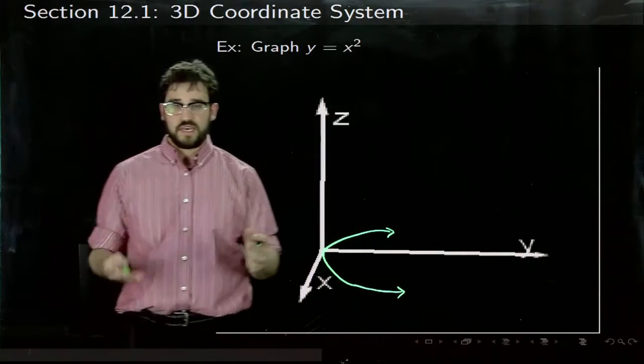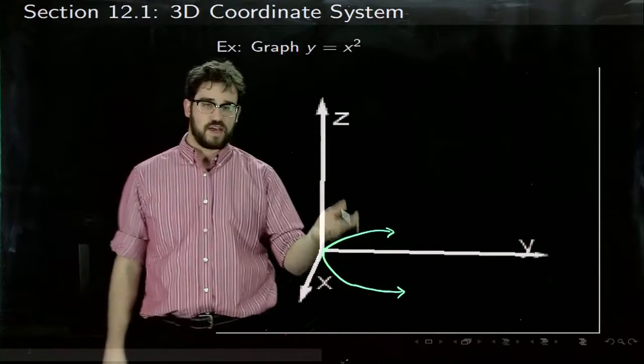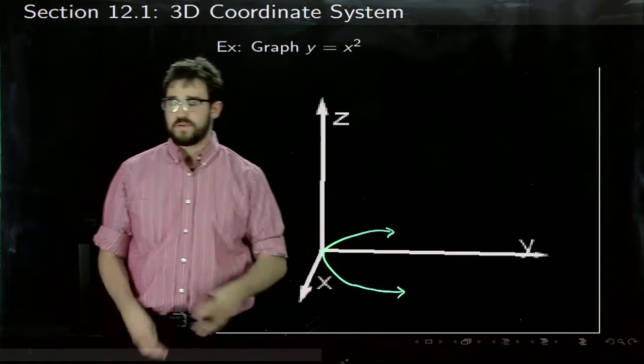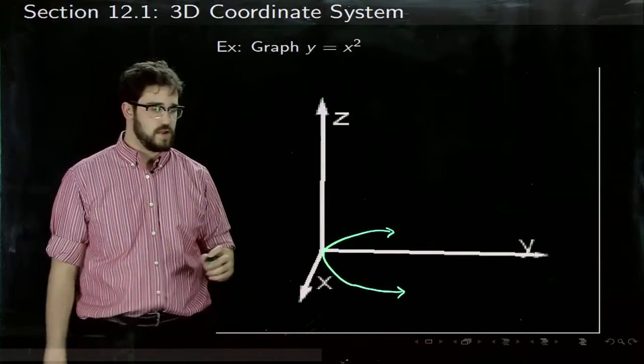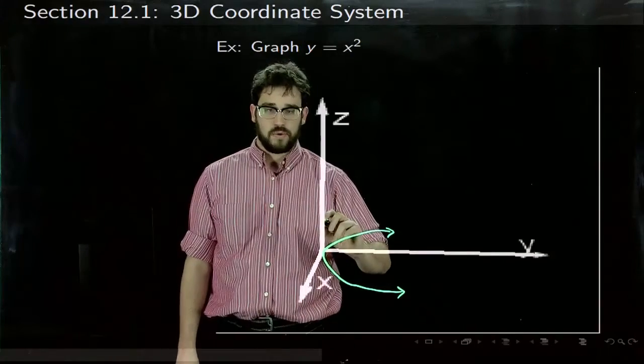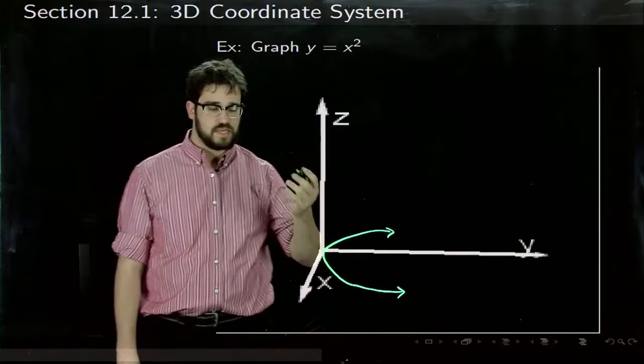Now, the z, there's no specification. So whatever satisfies this parabola, if you pick any value for z, it'll also still satisfy this equation. So it's just a parabola moving up and down the z-axis.